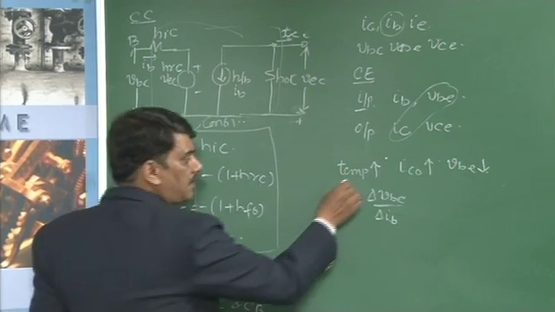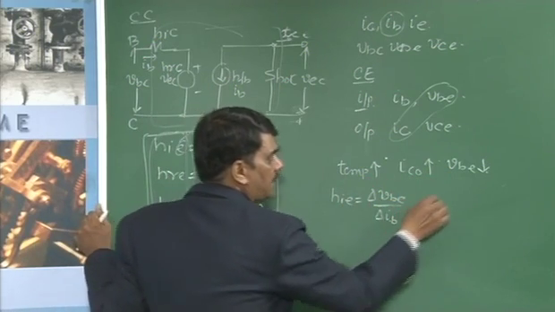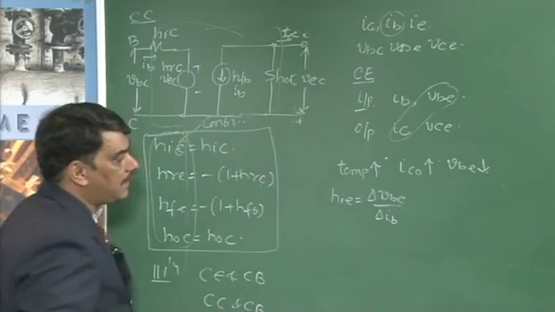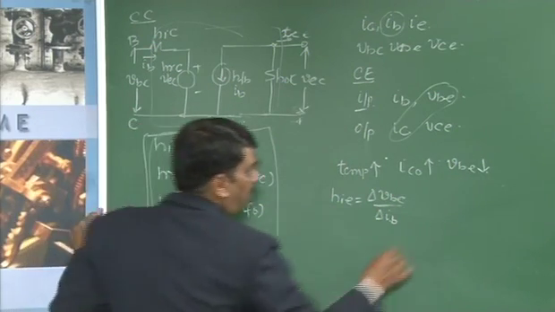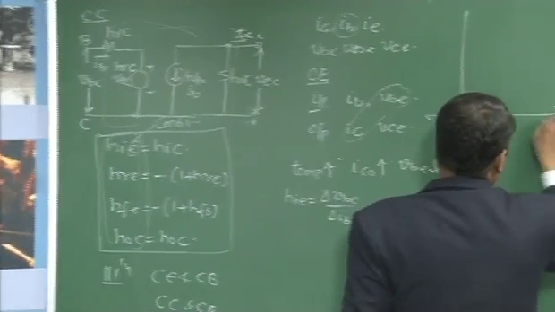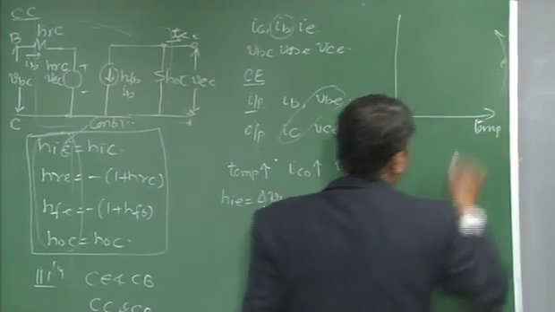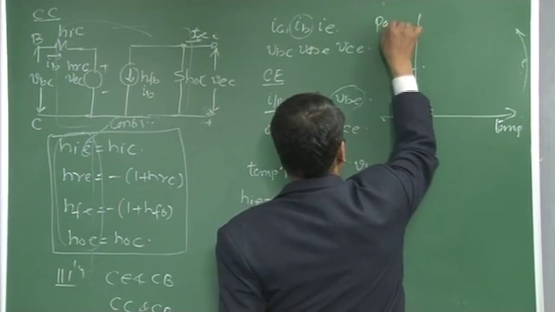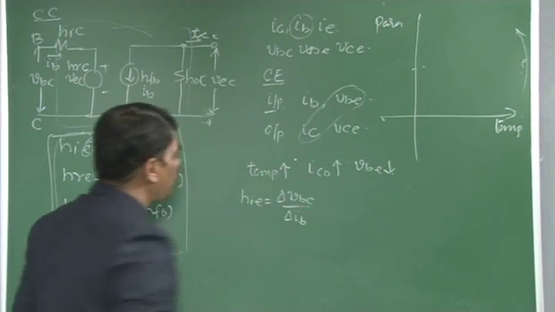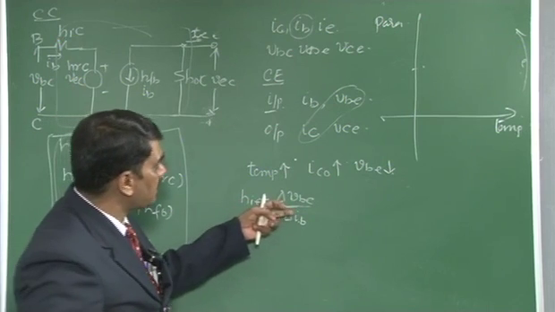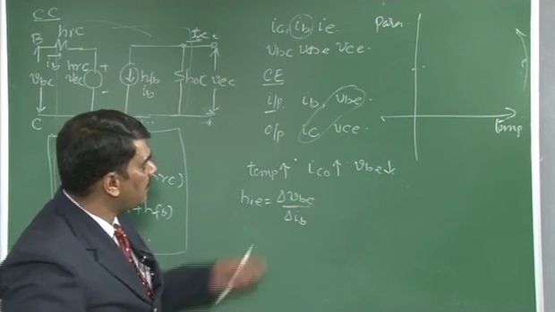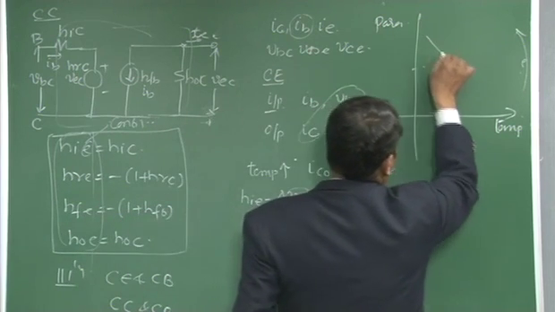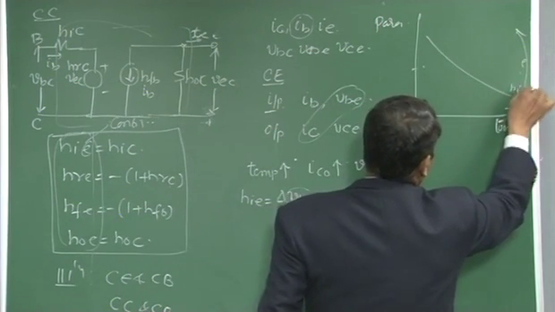As the temperature increases, VBE decreases at the rate of minus 7 millivolts per degree Celsius. If you plot temperature versus the parameter value, the input resistance HIE decreases as the temperature increases, because VBE decreases.